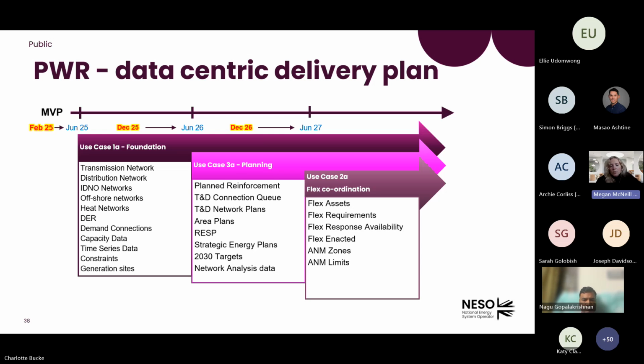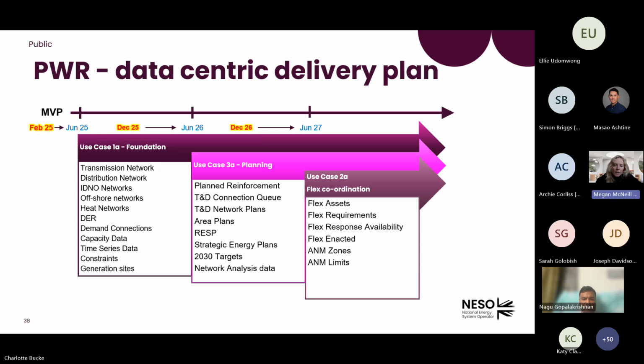As Archie talks about, when hydrogen plans are confirmed, we can integrate those into the model. We're also looking at the heat networks around Wales and integrating that information and IDNO data. We are currently doing demos with all project partners, but also other stakeholders that might be interested.